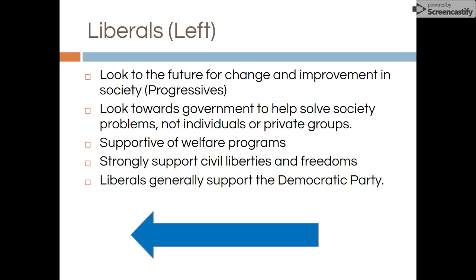They tend to think that individuals or private groups shouldn't have to take on that responsibility themselves. They usually support welfare programs. They strongly support civil liberties and freedoms. So think back to the individual rights that you studied when we looked at the Constitution and amendments. And liberals are generally associated with the Democratic Party.